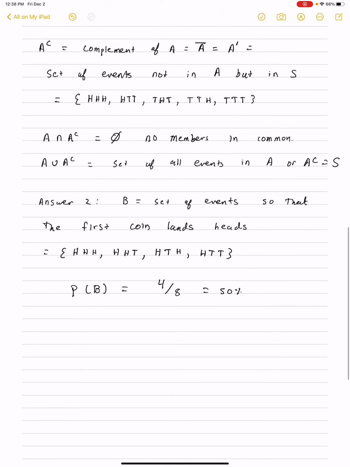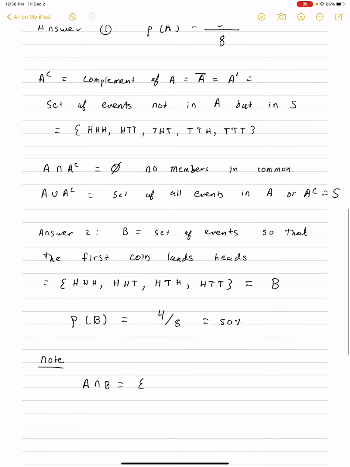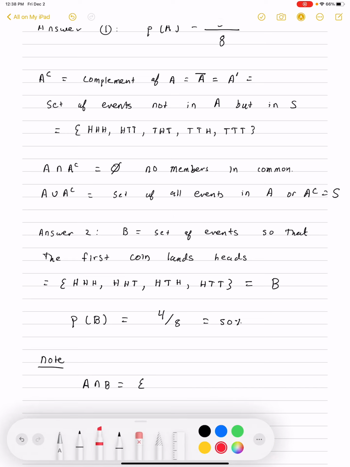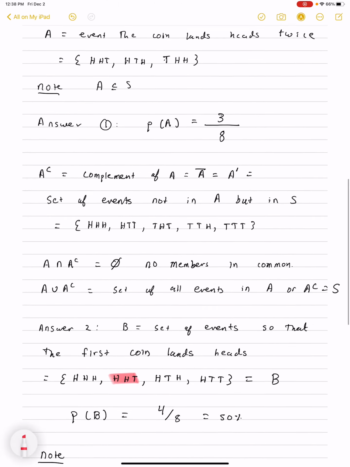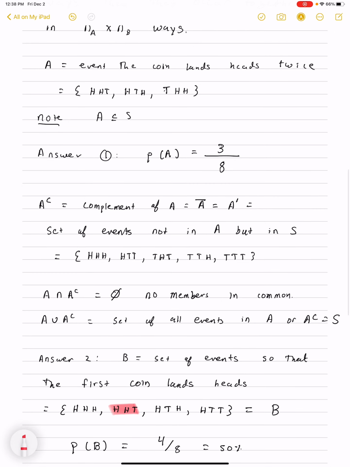Now I just want to reiterate some things. I've defined this set to be B here, and just to reiterate some concepts, the intersection of A and B is the set of elements they share in common. What do they share in common? They share this event in common, and then we go back up to the set A and find it there: heads, heads, tails.